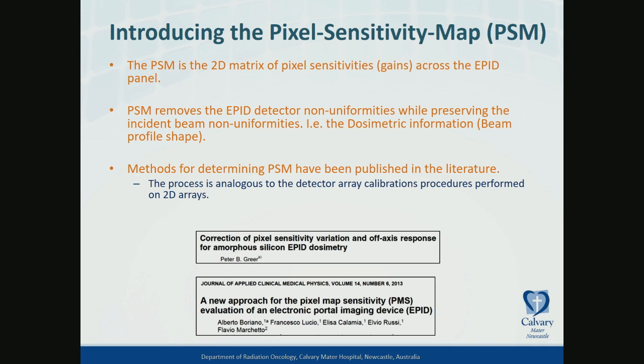And if you can calibrate this out, as these two publications indicate that you can, and I'd also hasten to add that there's also a poster at this very conference where they've introduced another method as well, so this is very topical at the moment, but if you can do this with one of these methods, then what you could do is, from your raw EPID image, you can remove the EPID detector non-uniformities, i.e. those non-uniformities in your image that have been introduced by your detector, but while still preserving the incident beam non-uniformities, i.e. the influence of your beam horns.